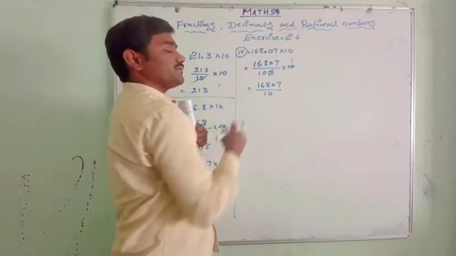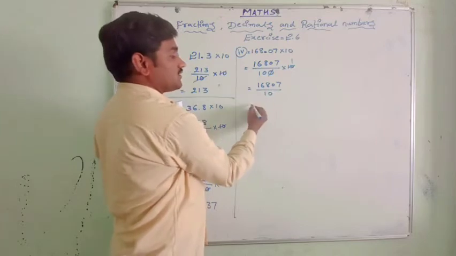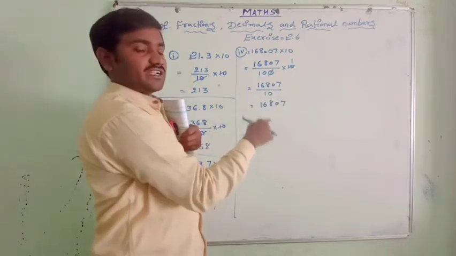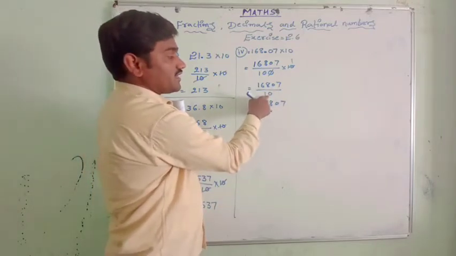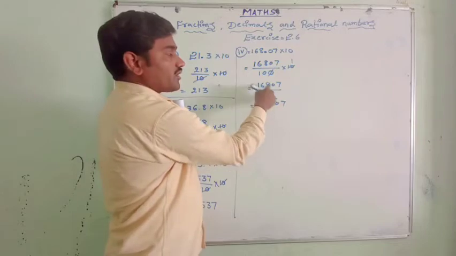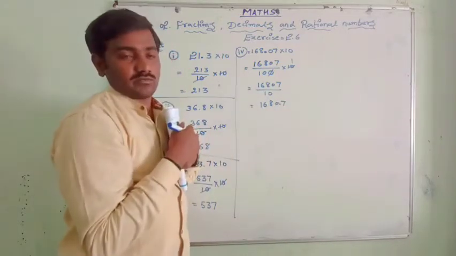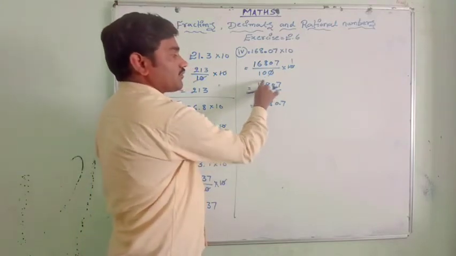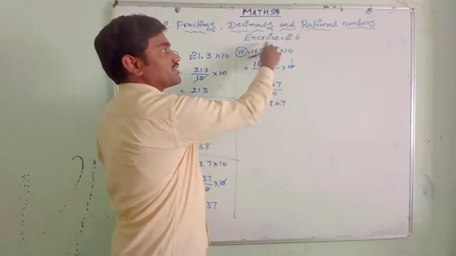Now this is a fraction. When you divide this, if the denominator is 10, you write the same number and count one digit from the right side and put a decimal point. If there are 2 zeros, you write the same number and put the decimal point two digits from the right.